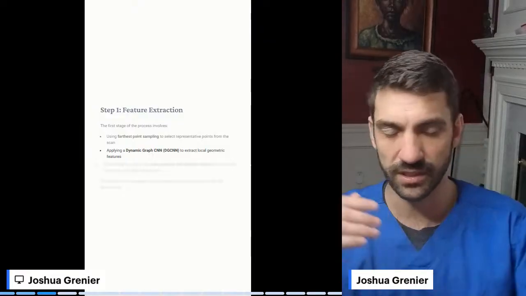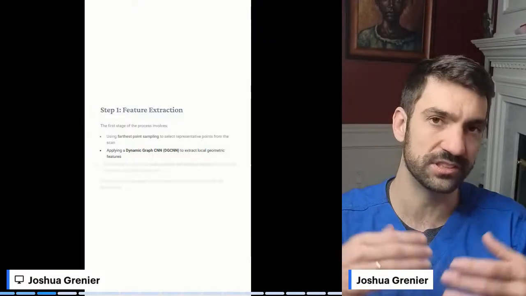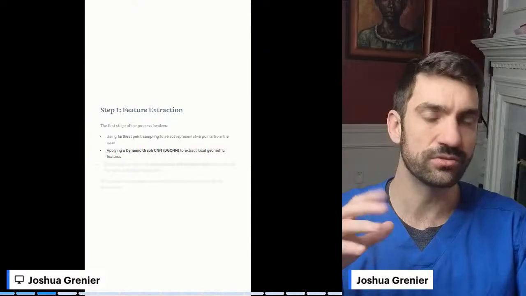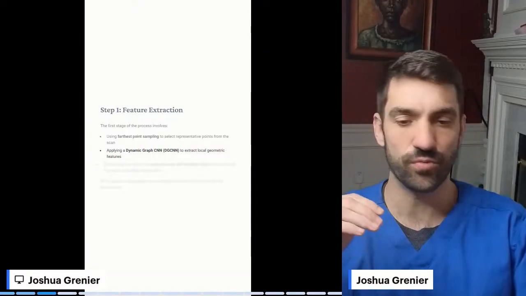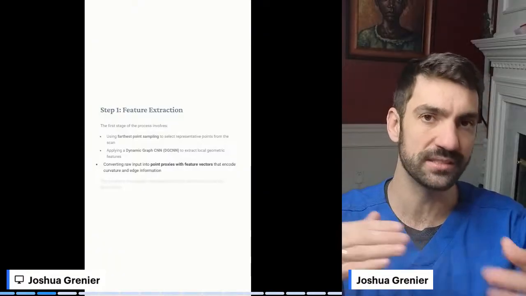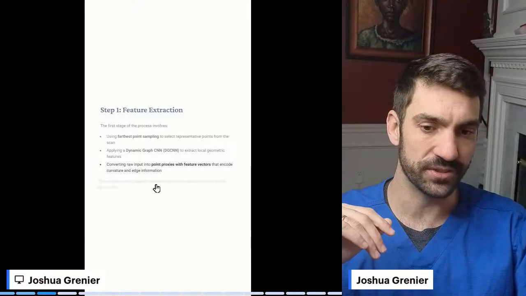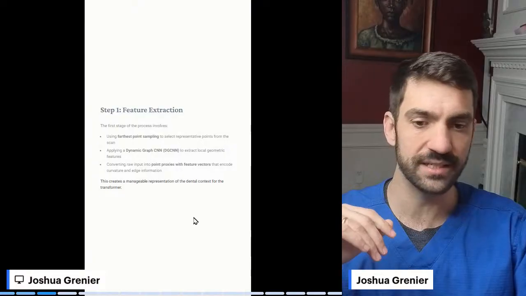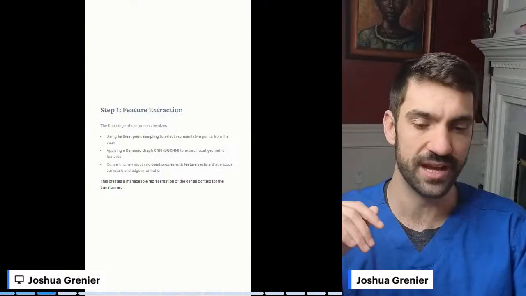So again, we can understand that as cusps or similar local features, which greatly simplifies the amount of work we have to do later, because we're just dealing with fewer points and fewer features. So the idea is this makes it more manageable down the road.